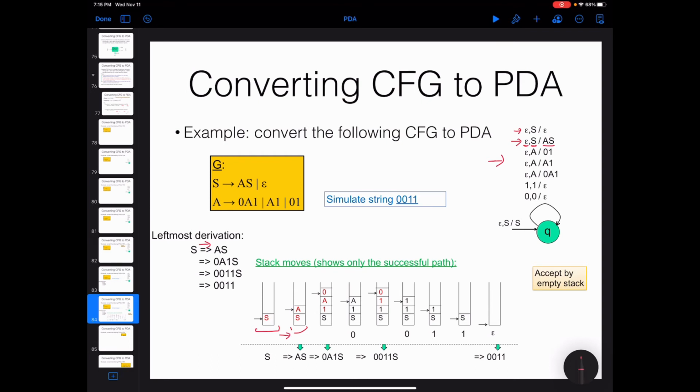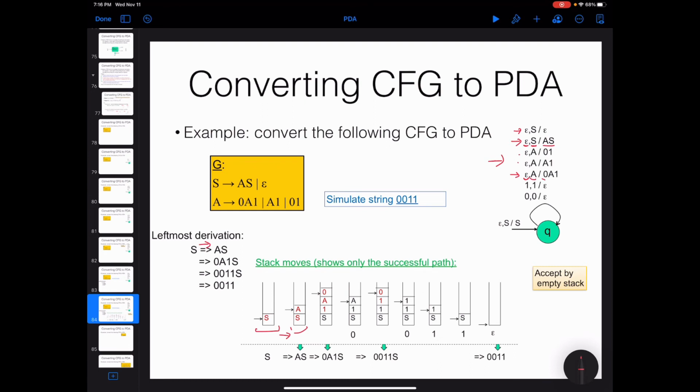Then you have A on top of the stack. You can go with any of these transitions, but the transition that will in the end accept the string is this one. Again, without consuming anything from the input string, since we still haven't read it, the top of the stack is A, right?